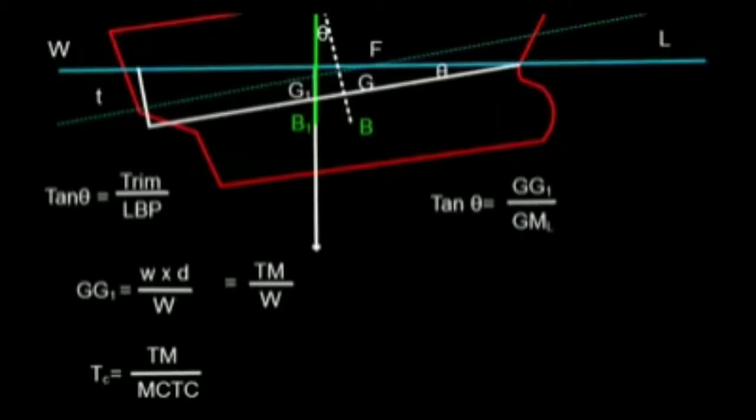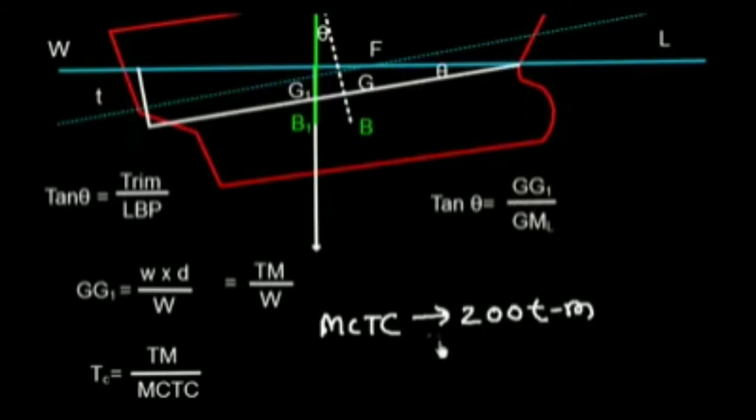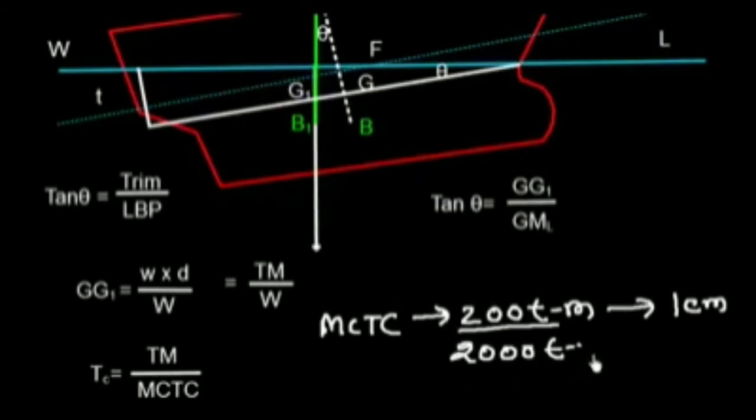Also, we have a very interesting relationship between TM and MCTC. The trim is the trimming moment divided by the moment to change the trim by 1 centimeter. Say for example, if MCTC is 200 ton meter, that means this is the moment required to change the trim by 1 centimeter. So if I have 2000 ton meter trimming moment, how much trim change will I have?